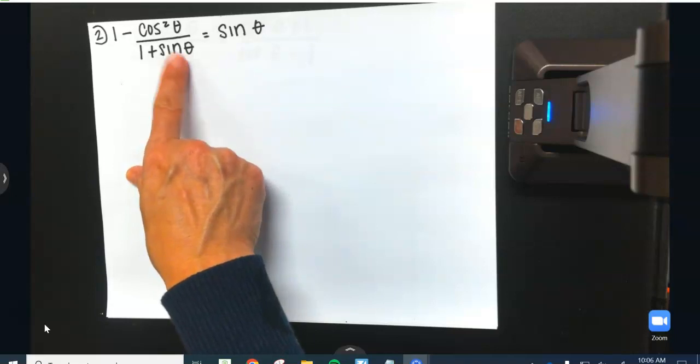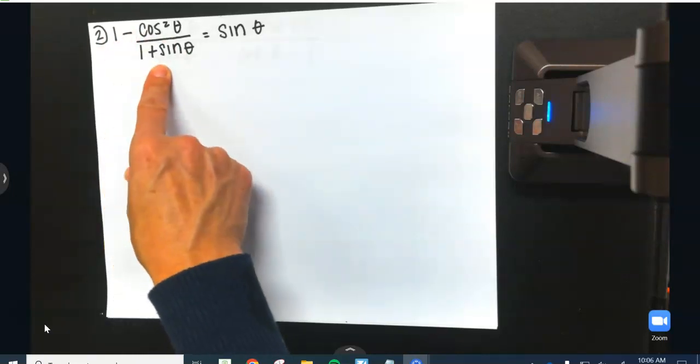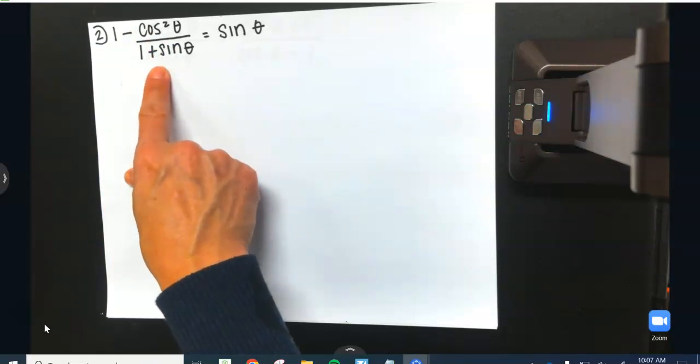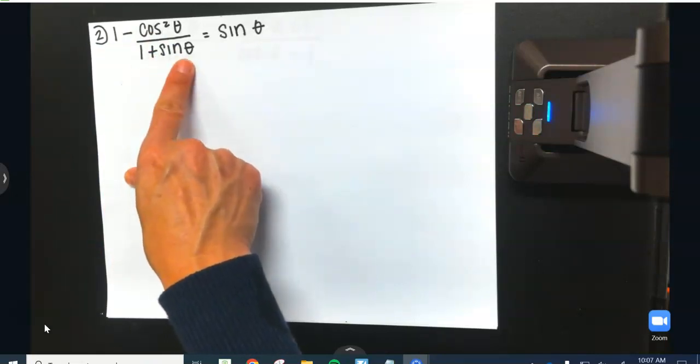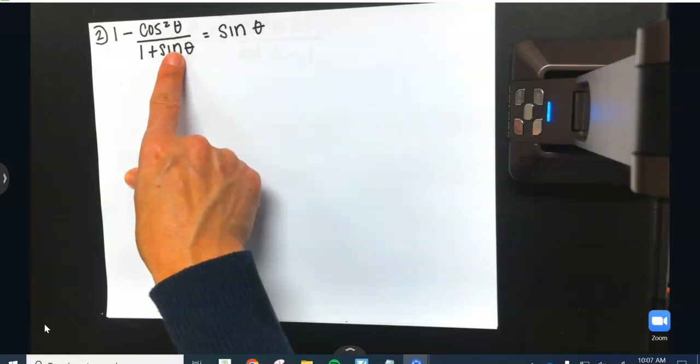Your first thing is to rewrite the denominator like something else. Your second option is to combine these two. Your third option is to multiply by the conjugate. And we talked about the conjugate yesterday. It would be 1 minus sine theta. The best option is to combine these terms together and then reevaluate where you're at.